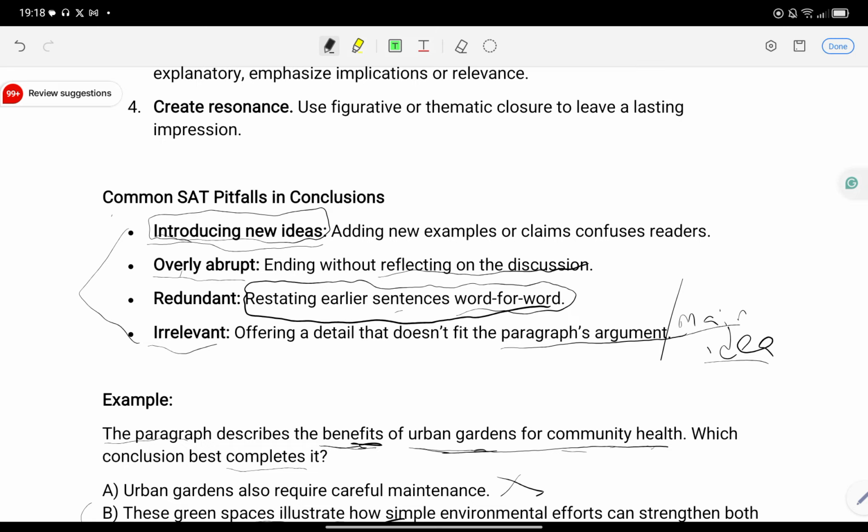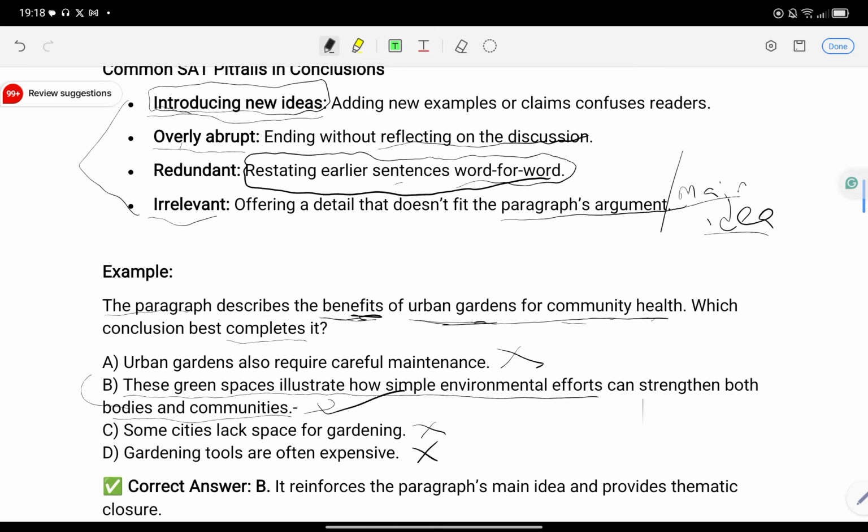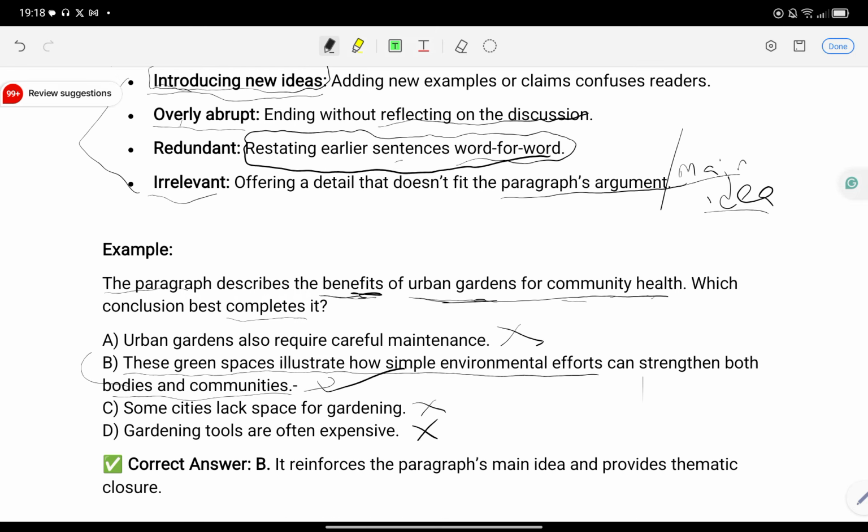Look at this example. The paragraph describes the benefits of urban gardens for community health. Which conclusion best completes it? A: Urban gardens also require careful maintenance.